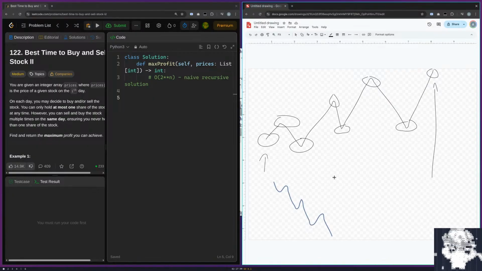And then there's just the one edge case: you need to make sure that at the end of the list you're not holding, because if you are, you just pretend you didn't buy in the last trough.